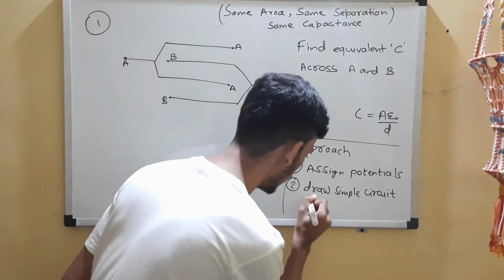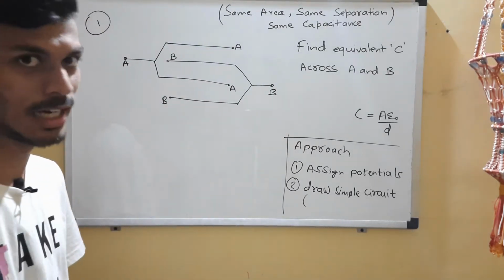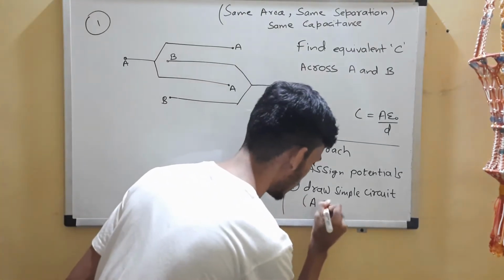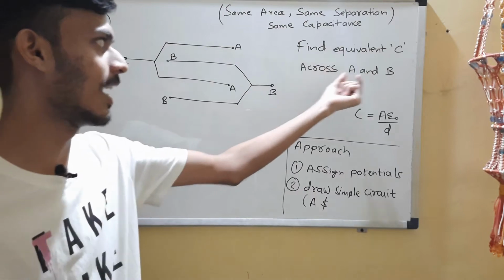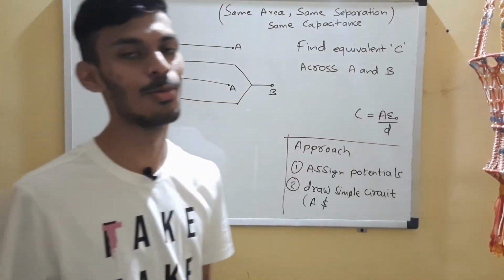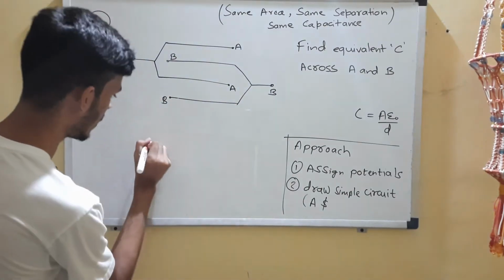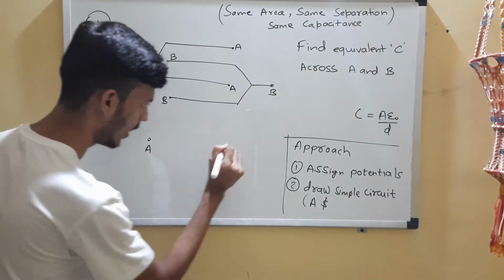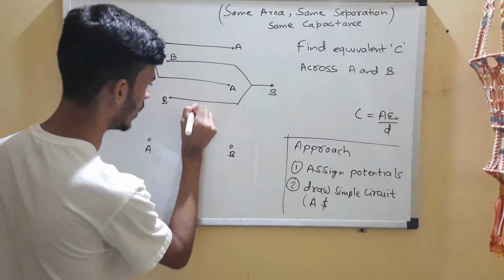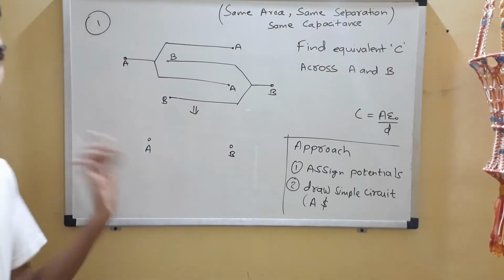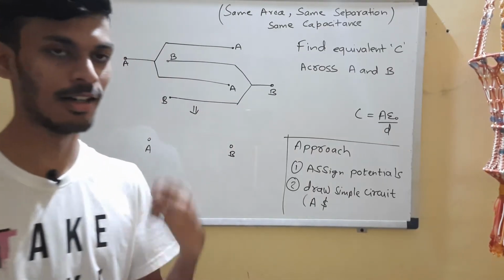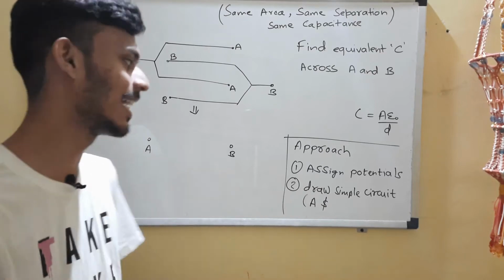And here, a very important thing: you are supposed to treat A and B as terminals. These two points across A and B, you are supposed to treat them as terminals. Keep them as endpoints. So here we have A, here we have B. What we are doing is drawing a simple circuit which you and I can understand.